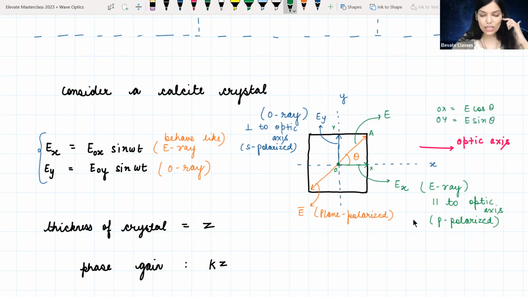So if theta is equal to 45 degrees, then the length of the OX vector and the length of the OY vector are going to be equal. And when they are equal and the phase difference is pi by 2, then what is that? That is circularly polarized light. But if theta is not equal to 45 but has some other value, then the lengths of OX and OY will not be equal. And in that case, what will I get? I'll get an elliptically polarized light.